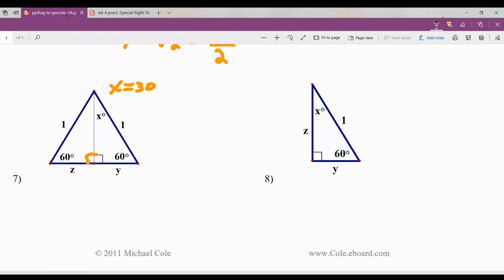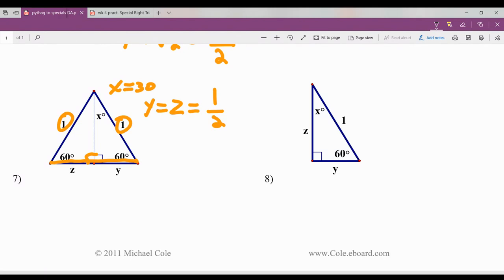And I think that based on what we had before, we know that this side right here has to be the same as these two sides, which means y and z together must be 1, which means individually they are 1/2.